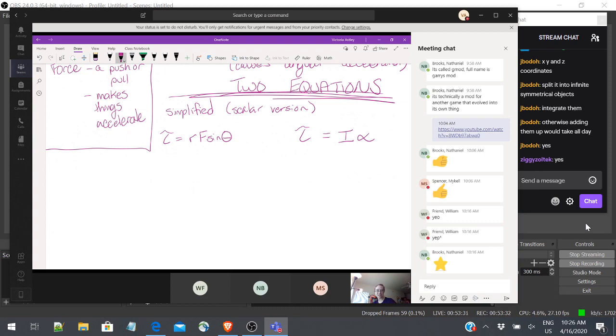Okay, so we have two equations. Which is the equation for torque? Yes, both. This is about the cause of torque. It is a force that is being applied off axis. This is about the result of torque, which is that we get an angular acceleration.